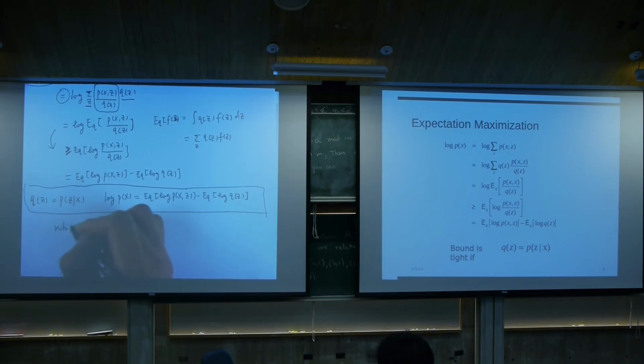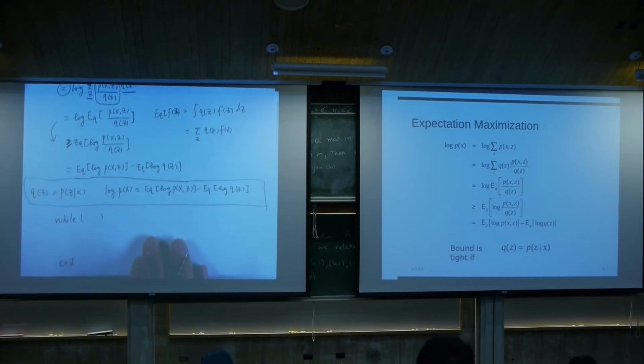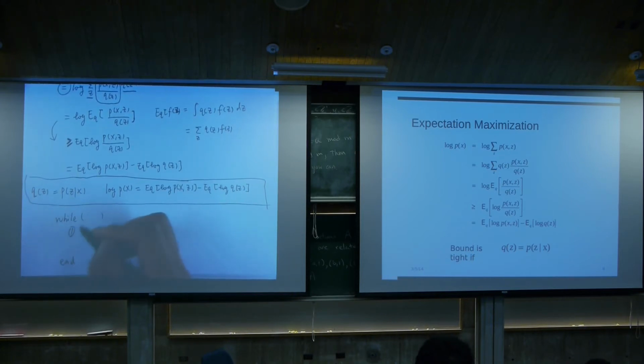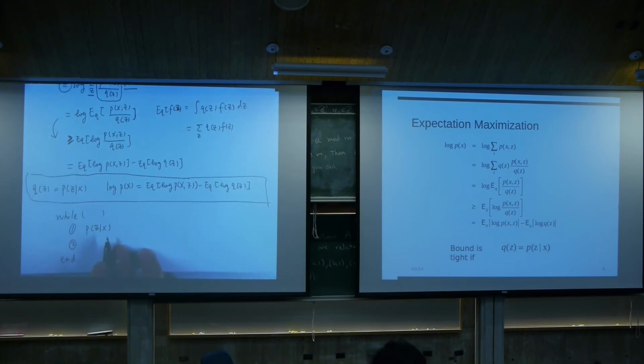We iterate until some condition is met. In the first step, I'm going to estimate P(Z given X). After I get the value of this distribution, I plug P(Z given X) into the lower bound and maximize it.